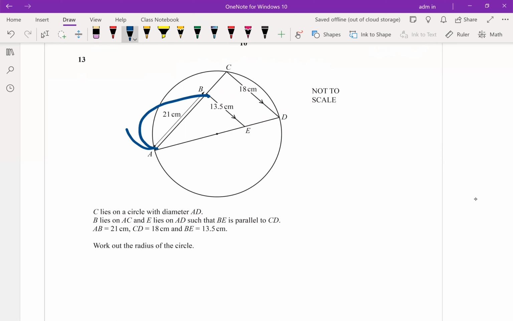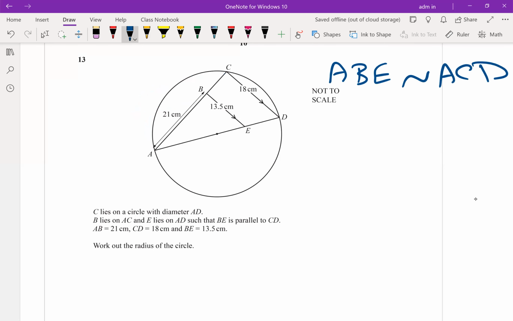AB over AC is the same as BE over CD. You have to compare between two triangles, ABE and ACD. These two triangles are similar.